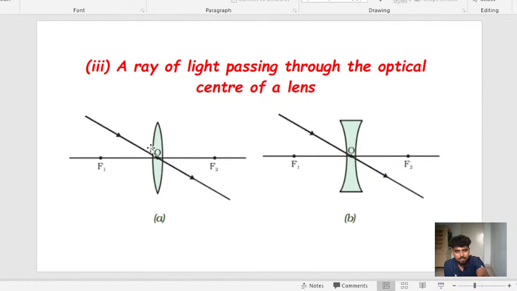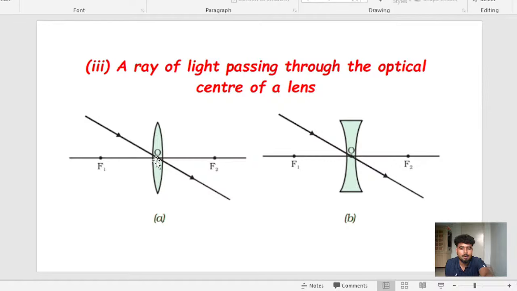When a ray of light falls from rarer to denser, it bends towards the normal, but here no bending takes place because we are passing the entire ray of light on the optic center of the lens. So when a ray of light passes through the optical center of a lens, it will never come back.